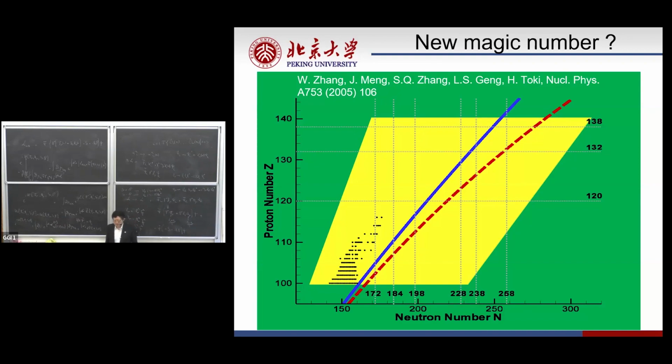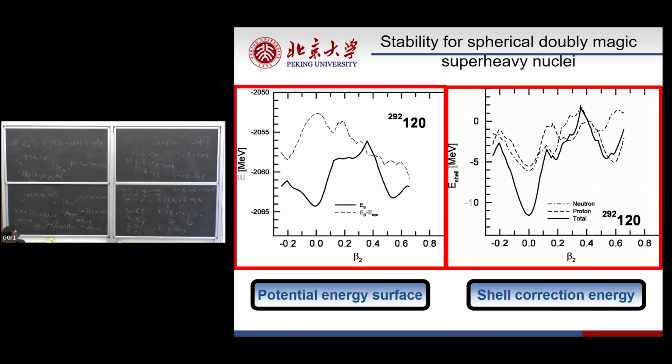So far, the experimental information is concentrated only on the neutron deficient case. And then for the superheavy 120, you see, without the deformation, you have the minimum here, right? Then one should really be careful, because this is without the quantum effect.